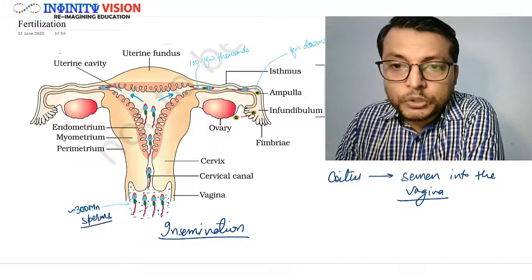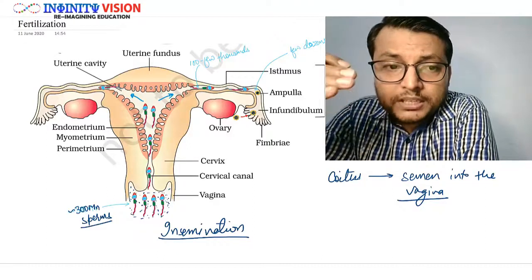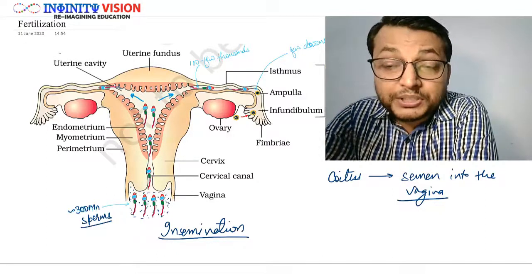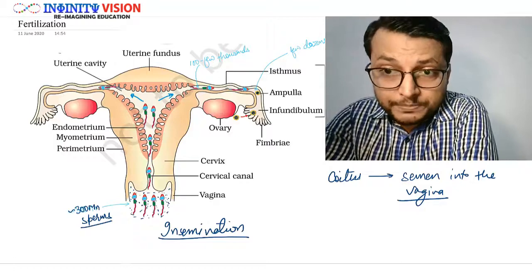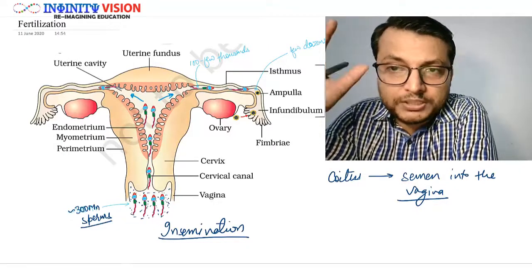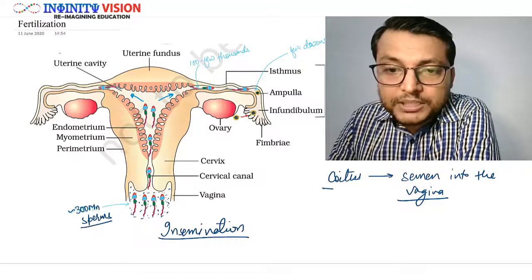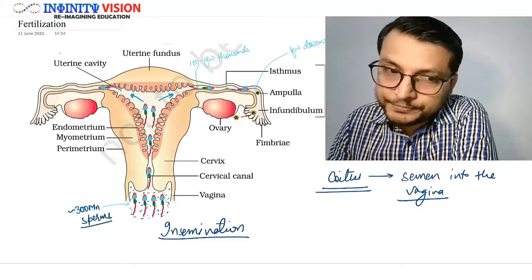So the male is depositing around 300 million sperms into the female body, and this whole process, which happens during coitus, is called insemination.